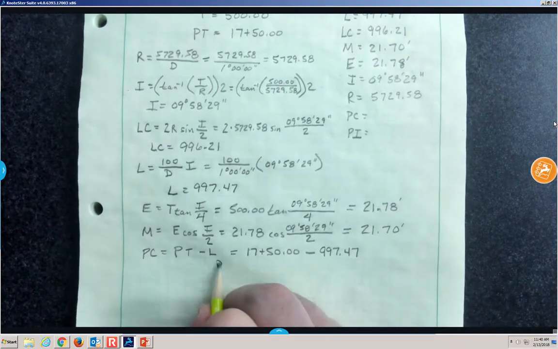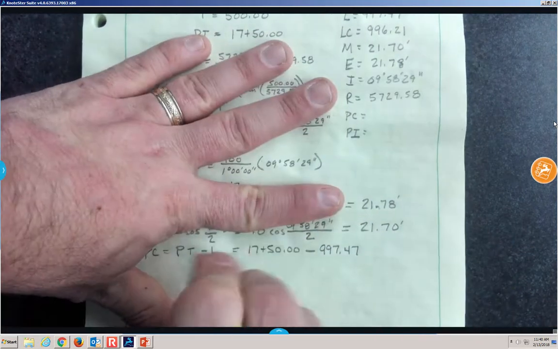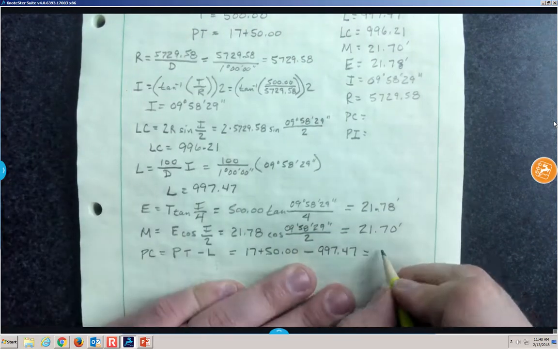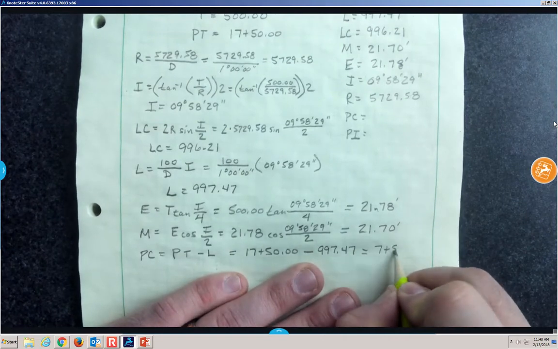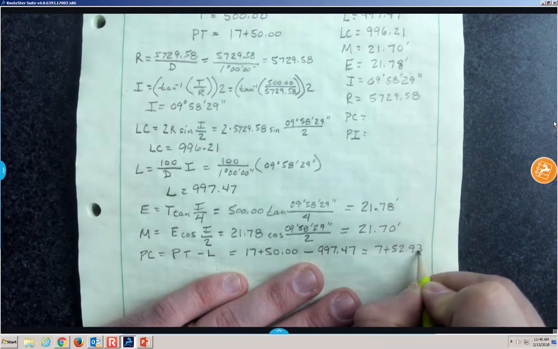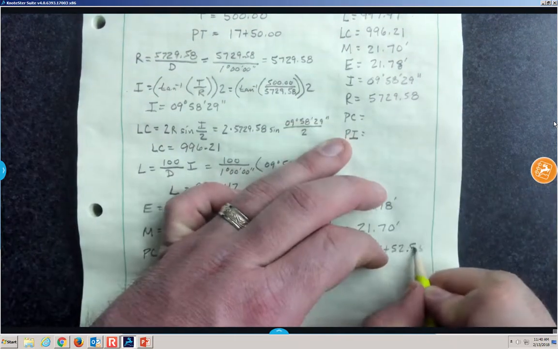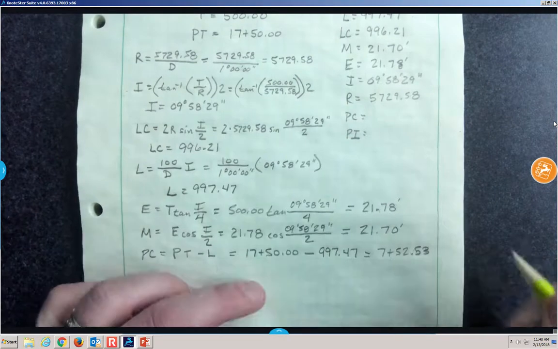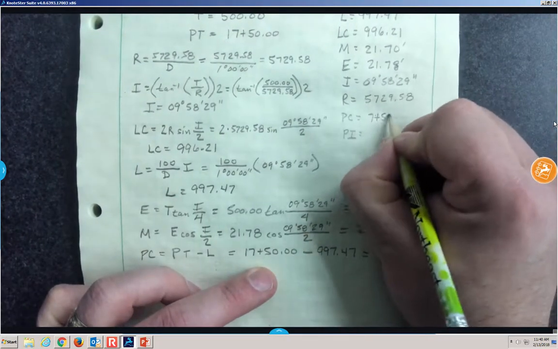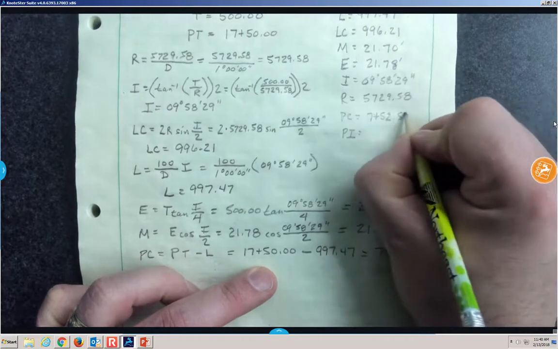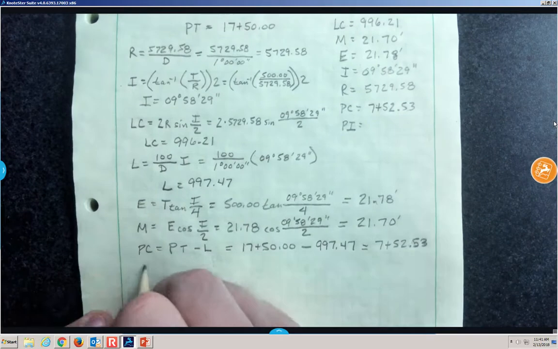So the PC equals 7 plus 52.53. All right, so let's figure out our PI then.